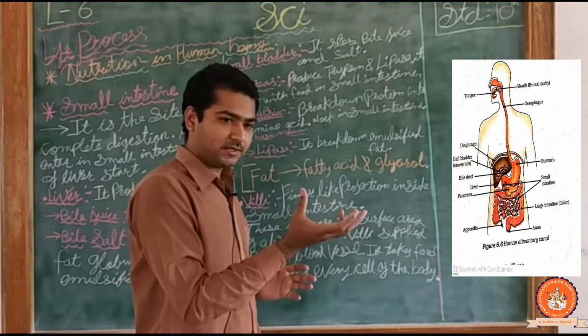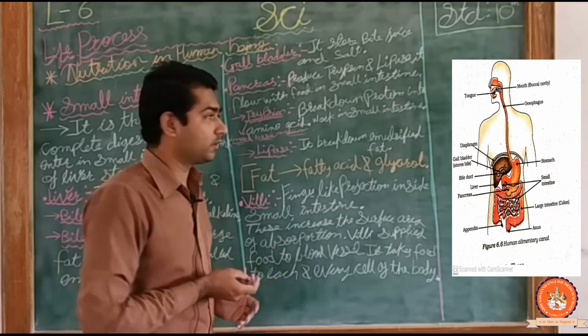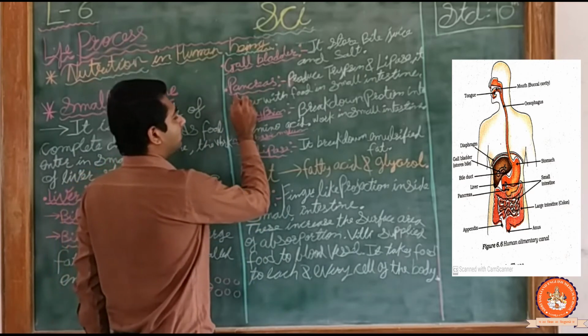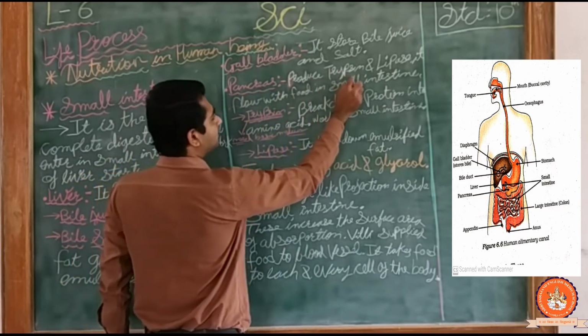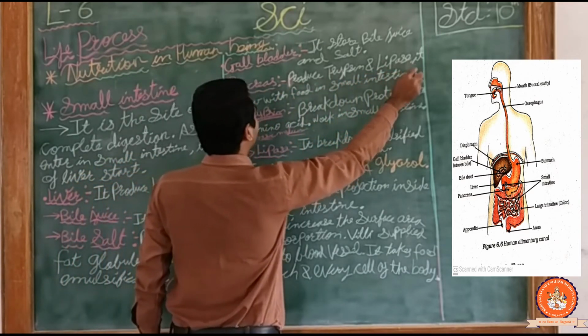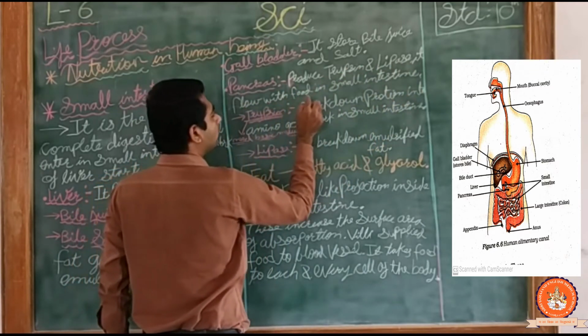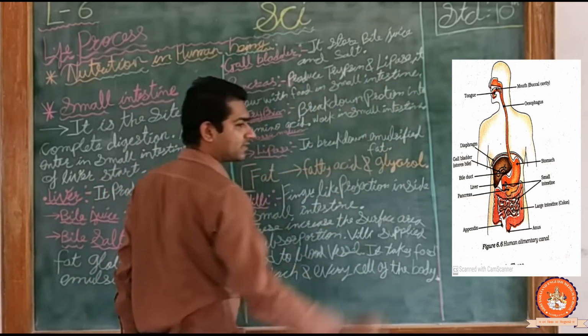Clear? Trypsin and lipase flow from the pancreas into the small intestine with the food.